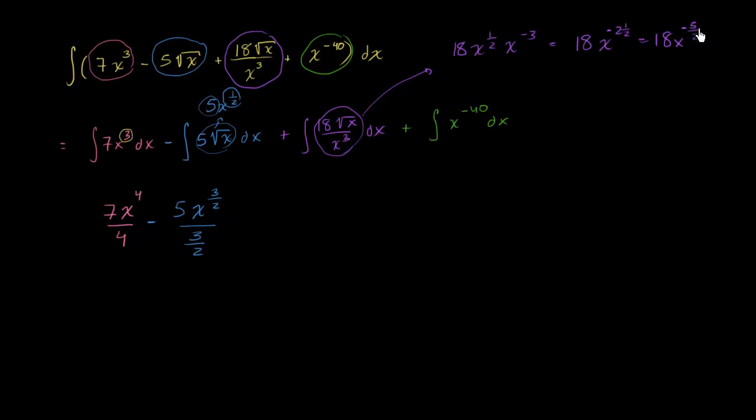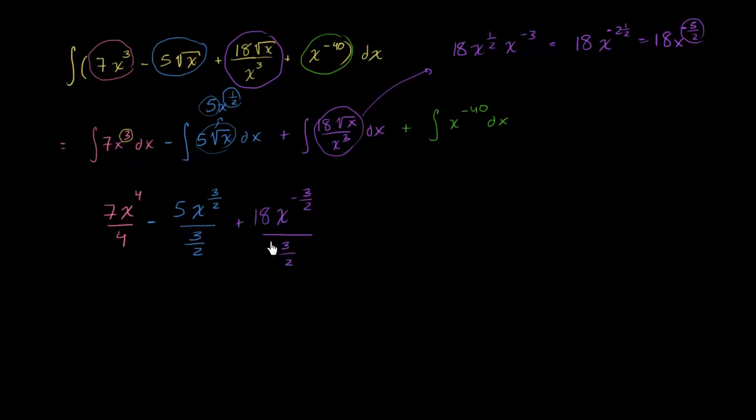So once again, we just have to increment this exponent. Negative 5/2 plus 1 is going to be negative 3/2. So you're going to have x to the negative 3/2. And then you divide by what your exponent is when you increment it, so divide by negative 3/2. And then you had the 18 out front.